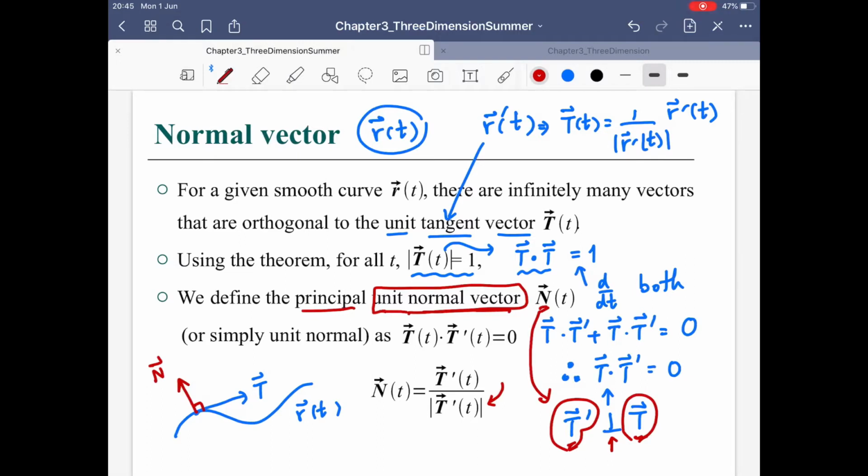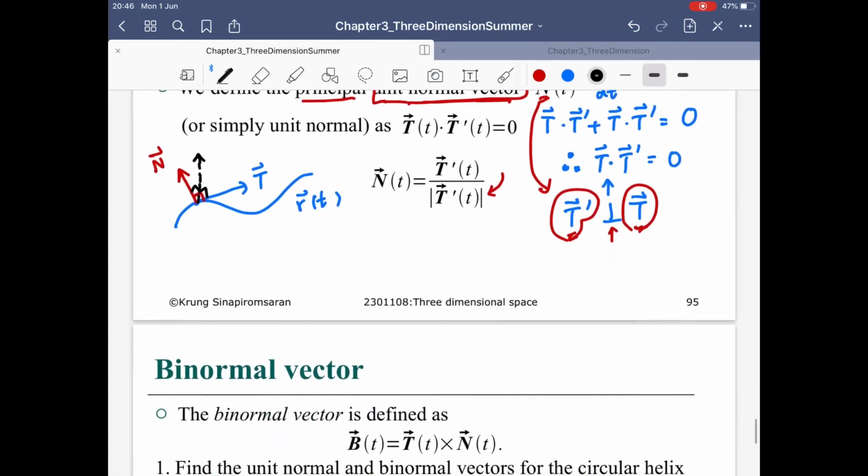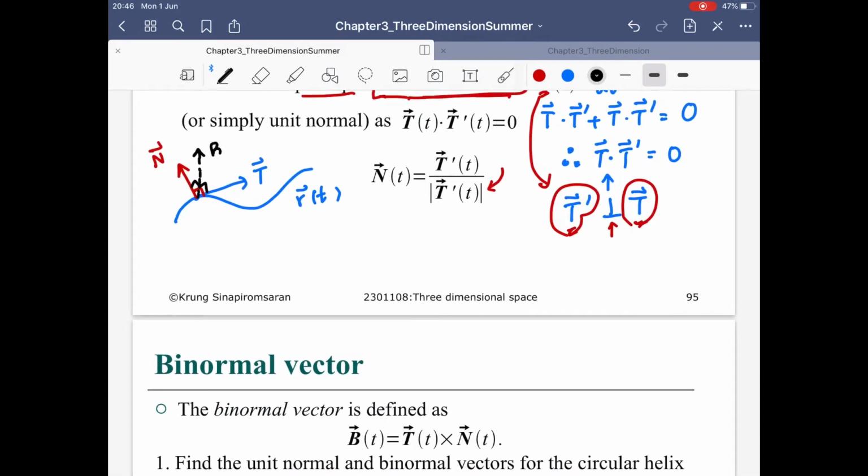So what else can we introduce as you have two vectors from the curve? Actually, you can introduce another one, which is the vector that is perpendicular to both T and N. Because this vector is perpendicular to both T and N, we call it a binormal. So this is called B, which is a binormal vector.